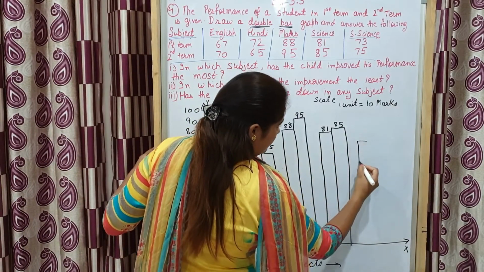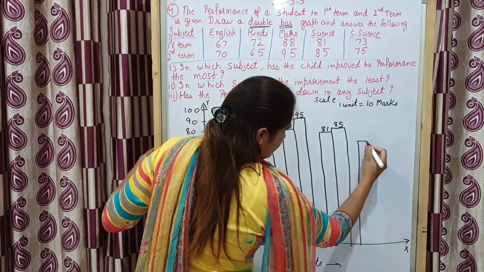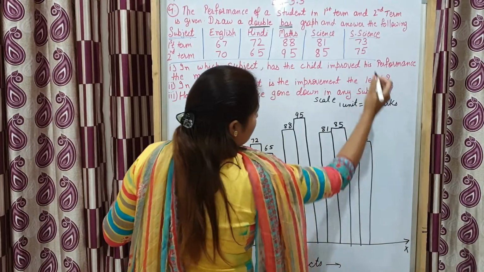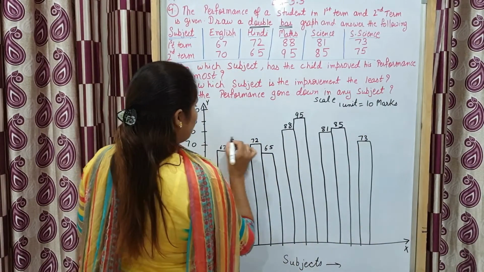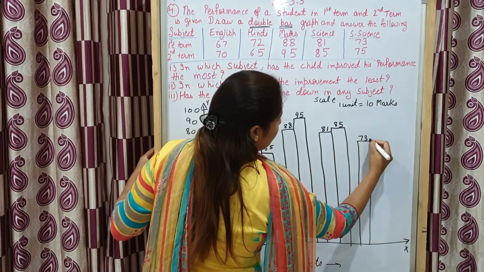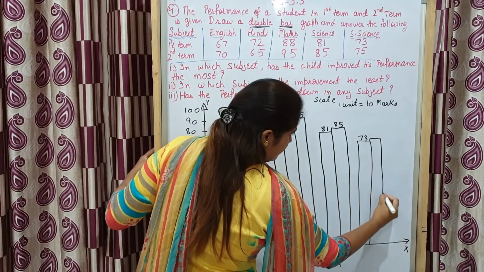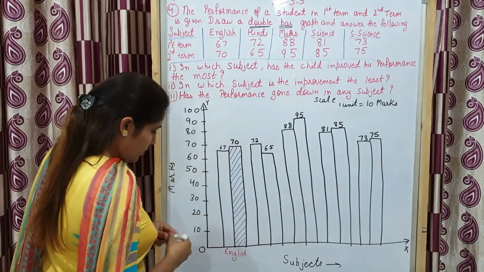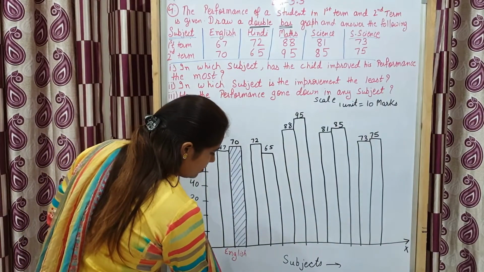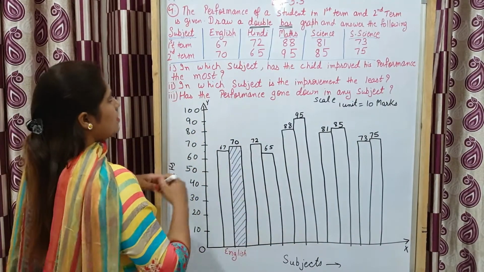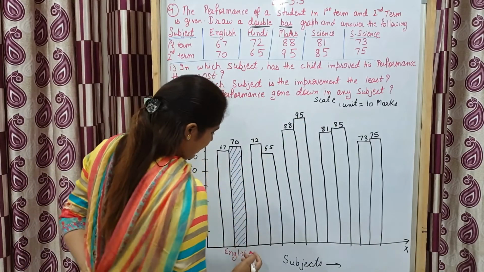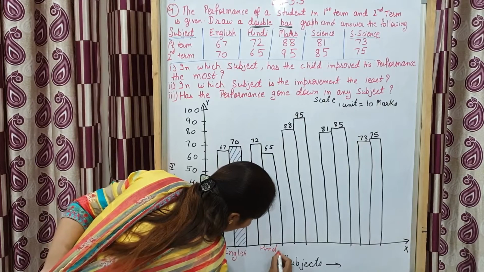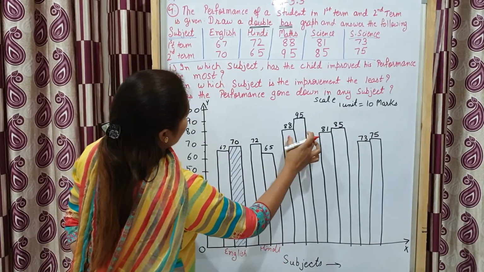73. Then second term 75, between 70 and 80. This one is 75. Now I am going to write the subjects also and distinguish between them by drawing a line. Next subject is Hindi. And this one is math.